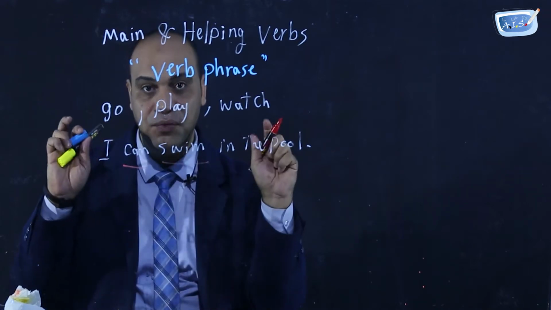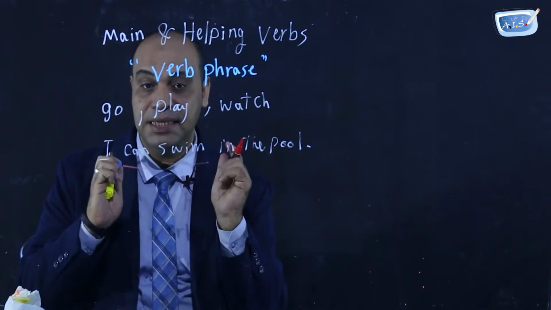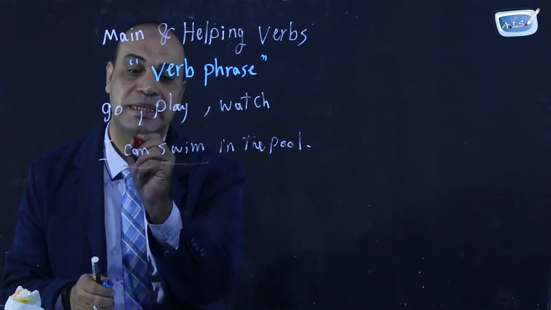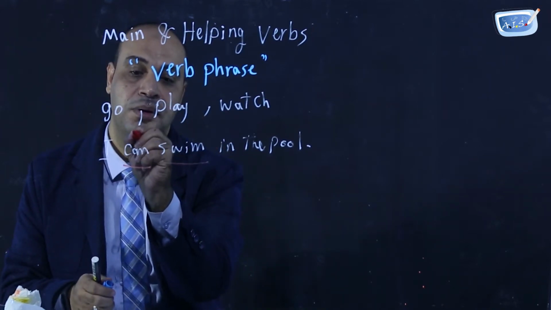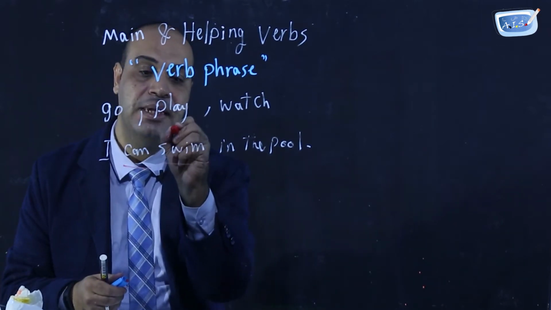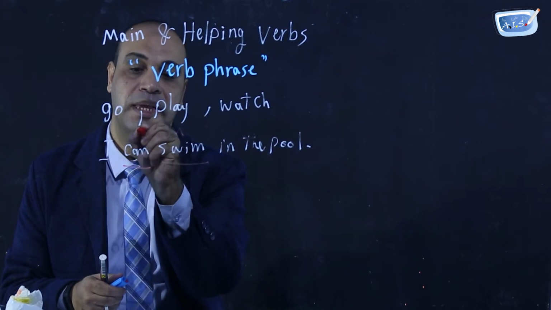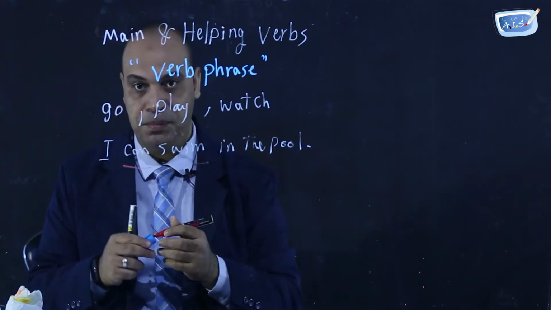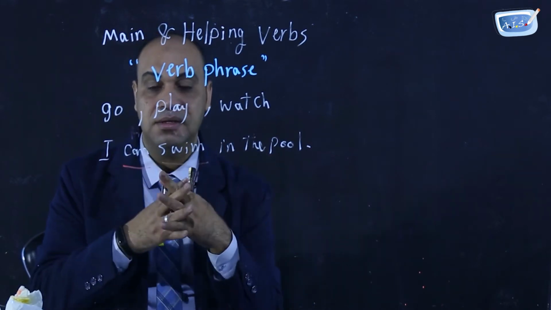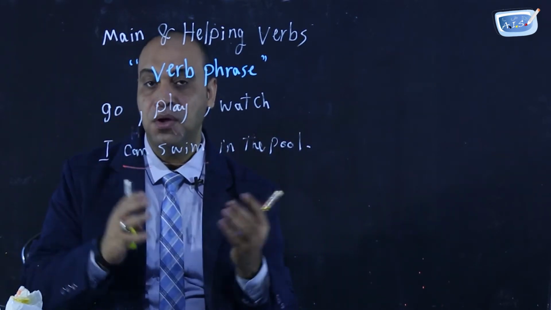Now we call them a verb phrase because they consist of more than one word. So can here we consider a helping verb, and swim we call a main verb. So if you have a helping verb and a main verb together, they make the verb phrase.